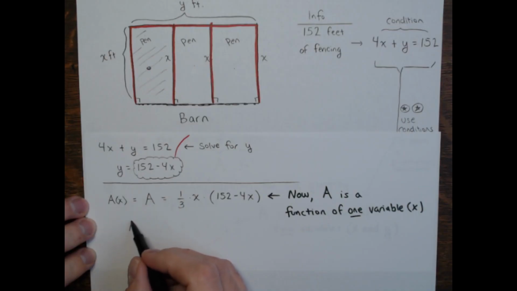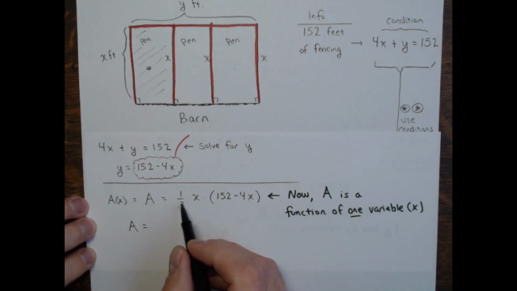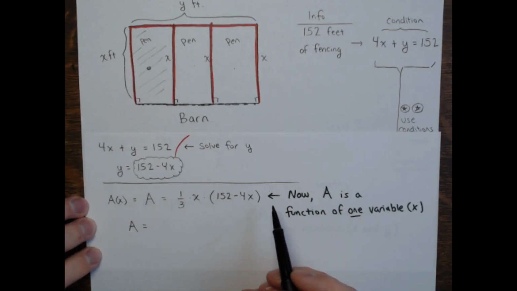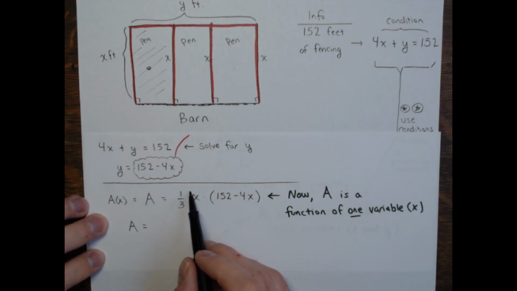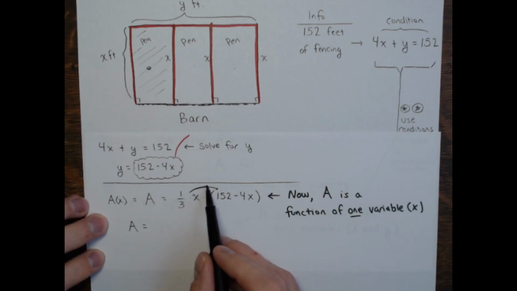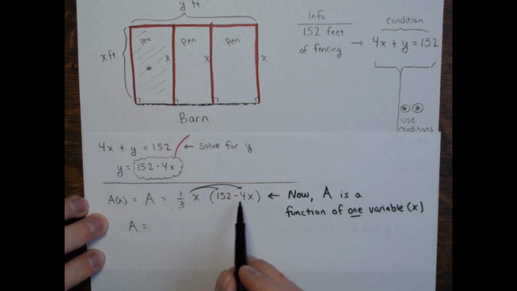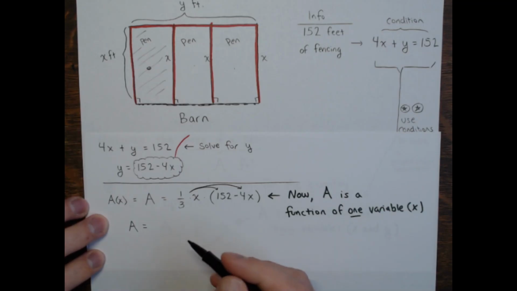If you want, you could multiply that out. This is just a nice polynomial. I'll just put the 1/3 x in. We can come back and factor this a little more even.